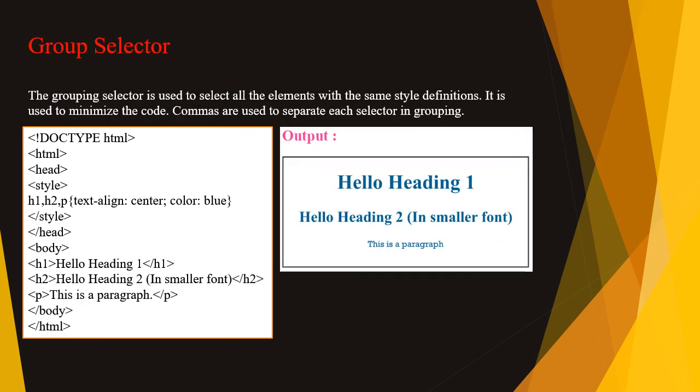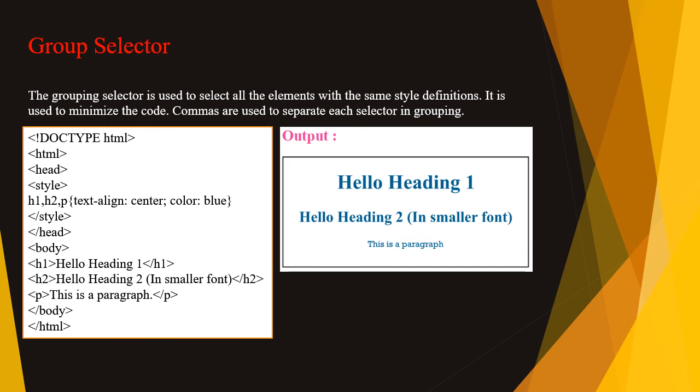Next is the group selector. The grouping selector is used to select all the elements with the same style definition. It is used to minimize the code. Commas are used to separate each selector in grouping. This is a very important sentence for true or false, MCQ, as well as filling the blanks. We use commas to separate each selector in grouping.